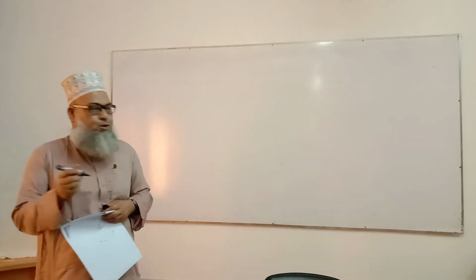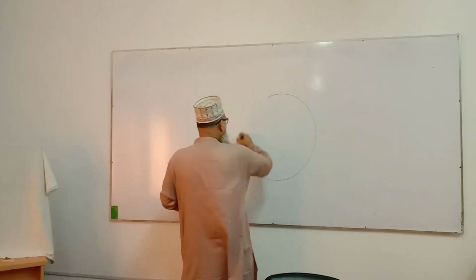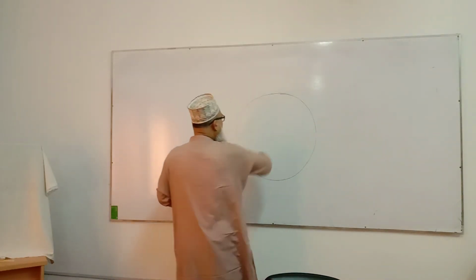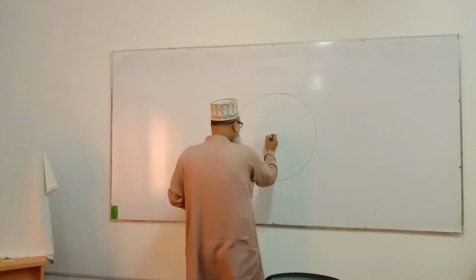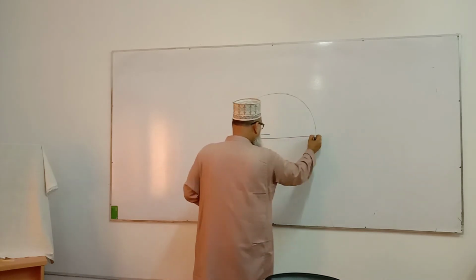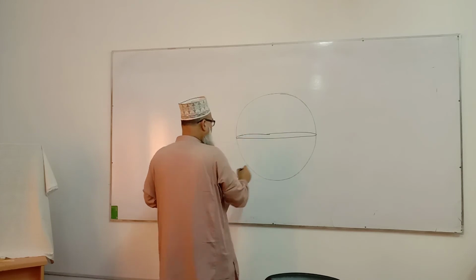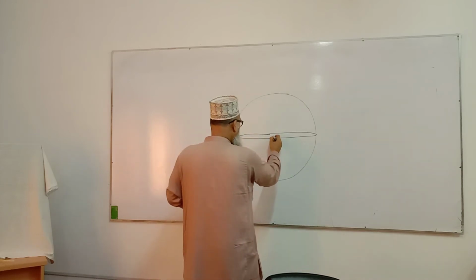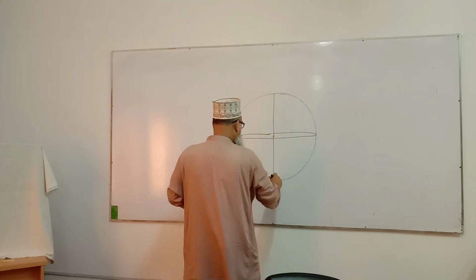So draw a sphere. Okay? So here is the center and this is the equator, right? Here is the center. This is the North Pole, this is the South Pole.